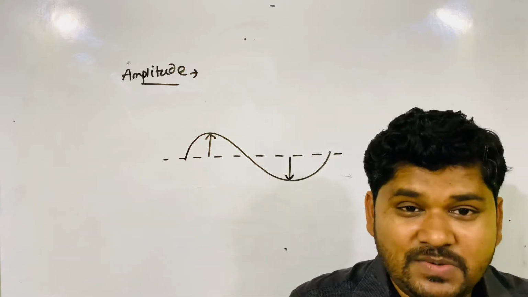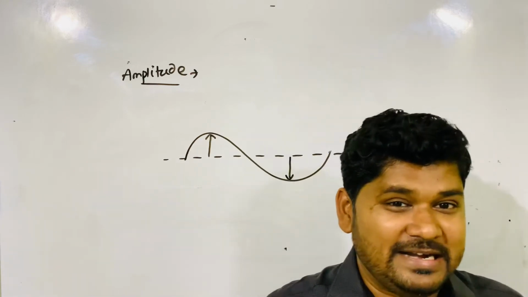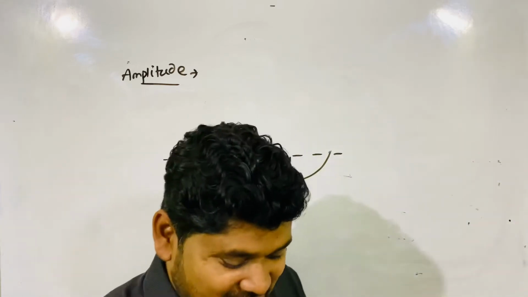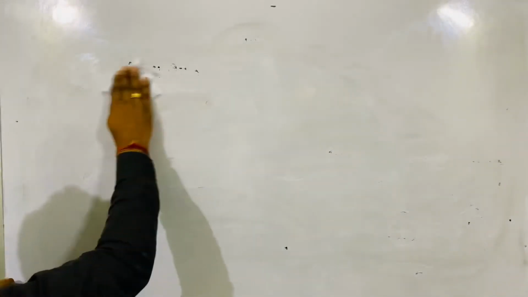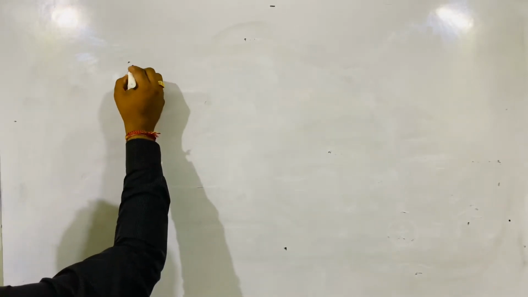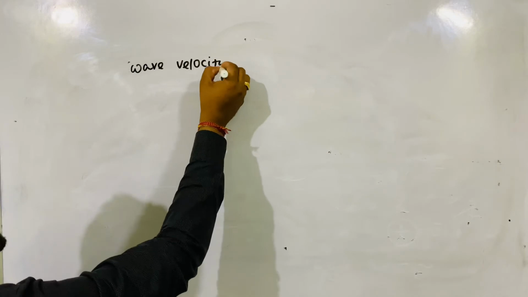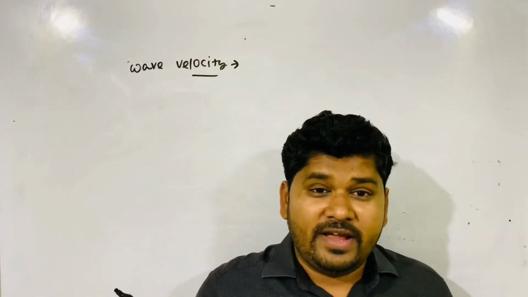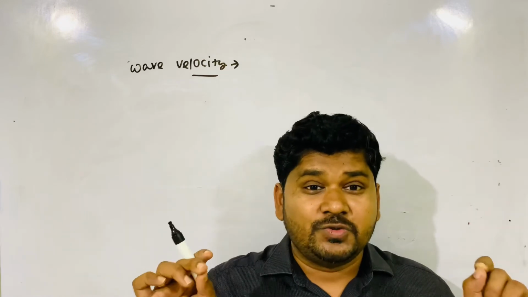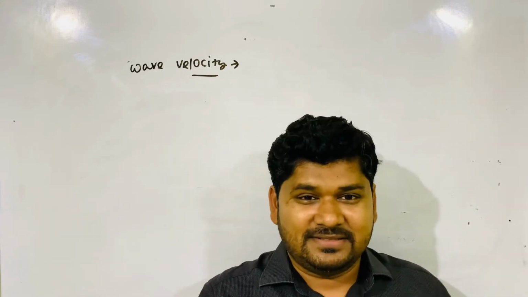So we have now discussed many quantities. Then another important quantity we are going to discuss, remember, is very important: wave velocity. I told you, in a wave there are two velocities.